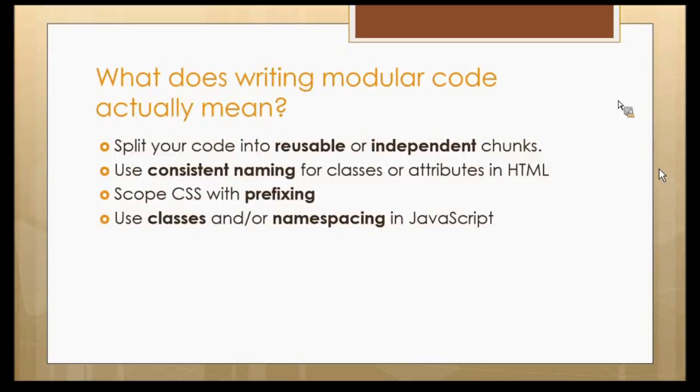So for HTML classes, we follow the BEM standard. Again, I'm not going to go into much detail on this, because it requires its own presentation, its own session. So what that does is, we have a module. For example, there is a page module, and the page module has, let's say, a title and a description.